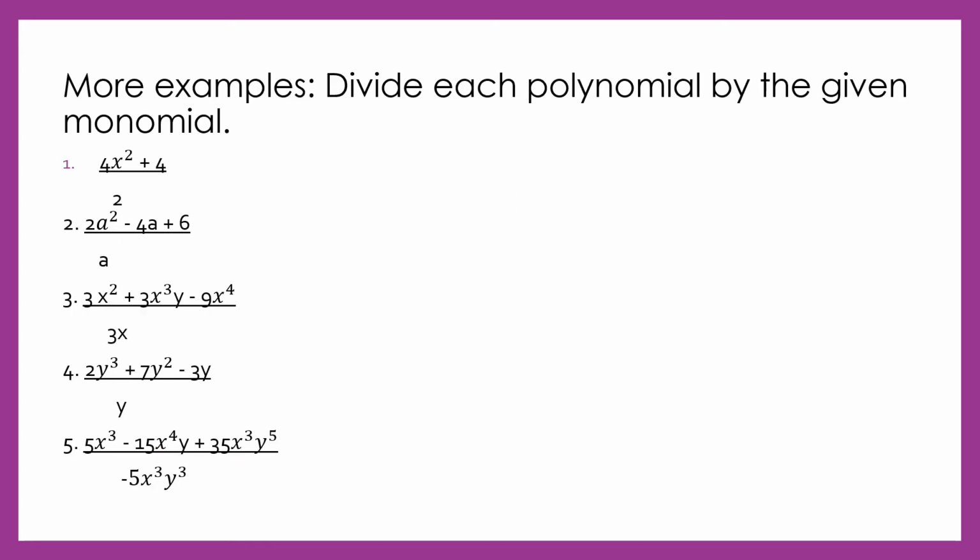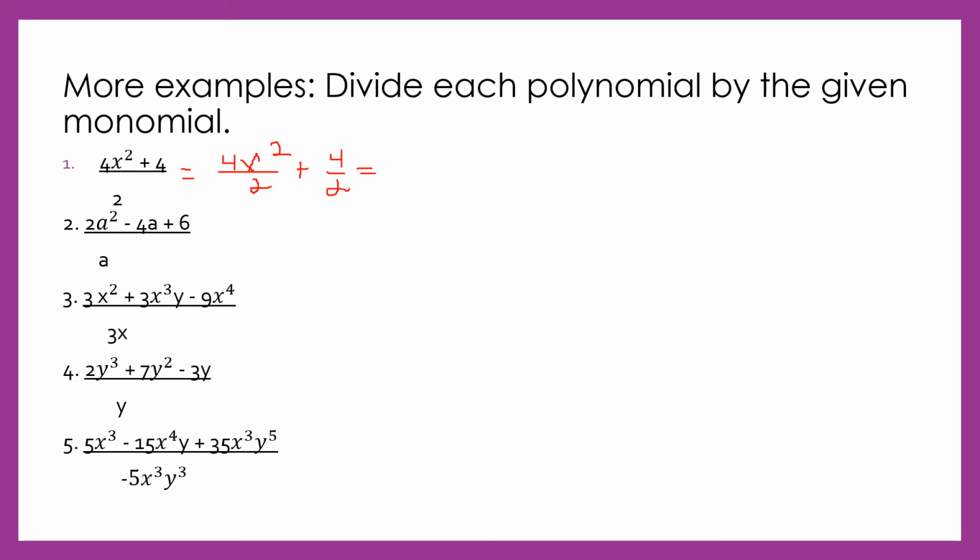More examples. Divide the polynomial by the given monomial. Here we have 4x squared over 2 plus 4 over 2.